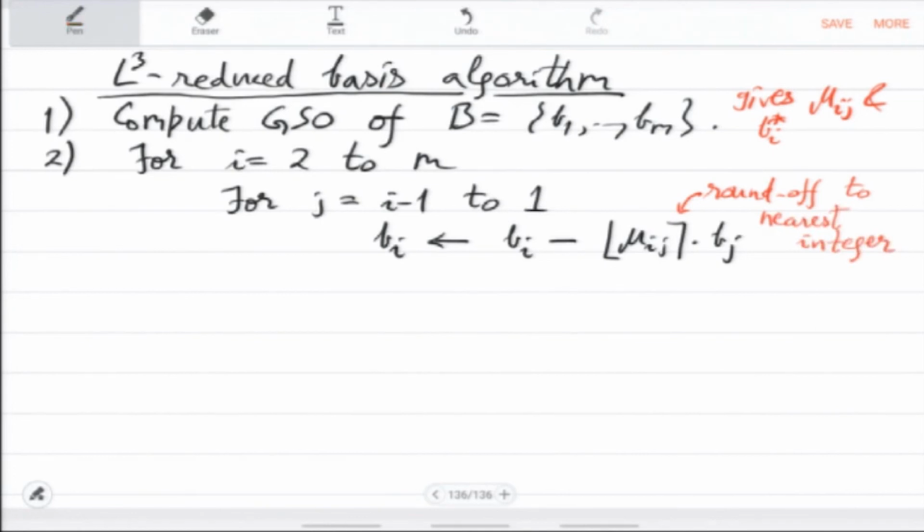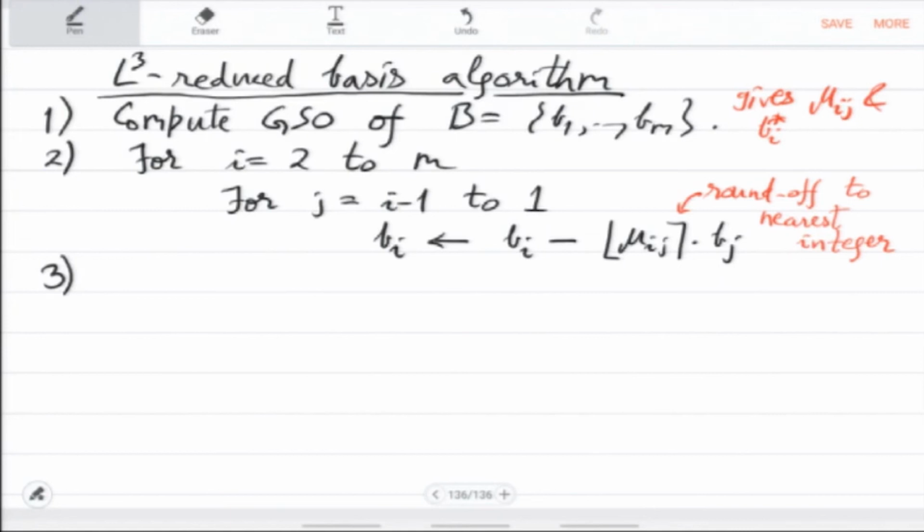Okay, so this is the transformed bi. We are trying to get to bi star, but we may not be able to do that, so we'll just subtract whatever nearest integer multiple of bj we can. This will take care of the mu ij's being reduced to half or less, right?